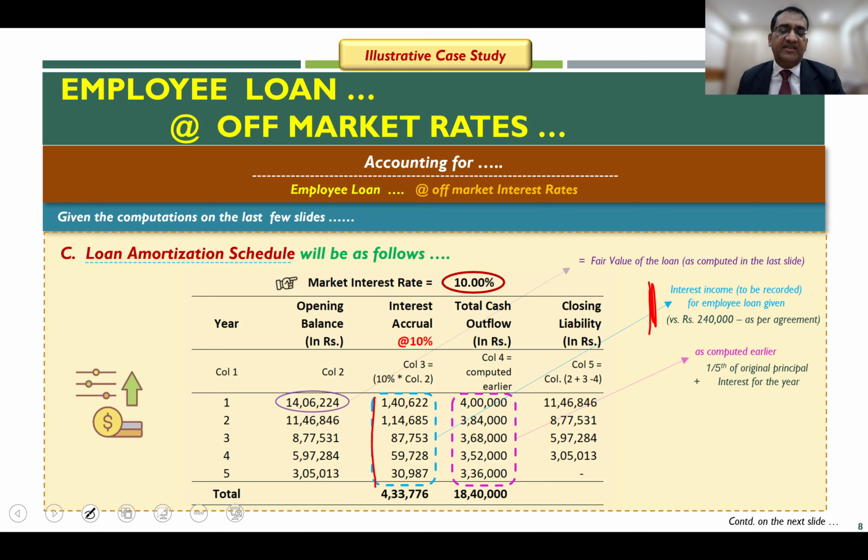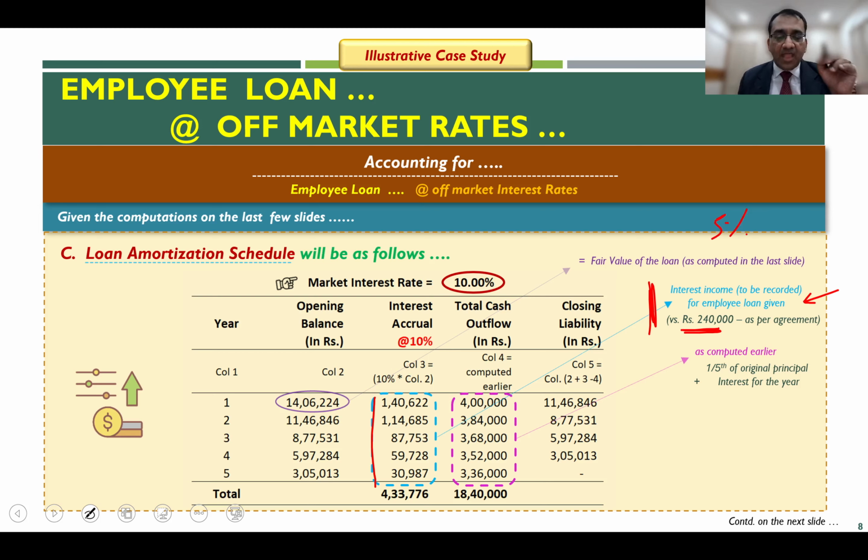This entire stream represents the interest income to be recorded by the entity CT Corp for the employee loan that has been given. Now remember, contractually the employee will pay only 2,40,000 as per the contract, because the rate of interest is only 5%.